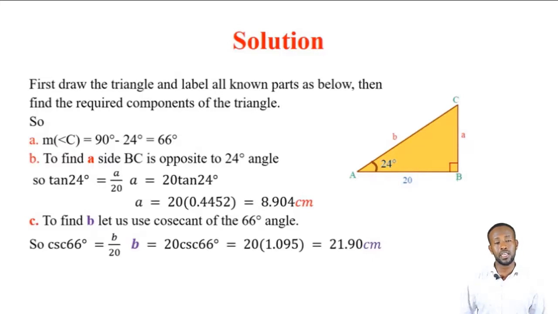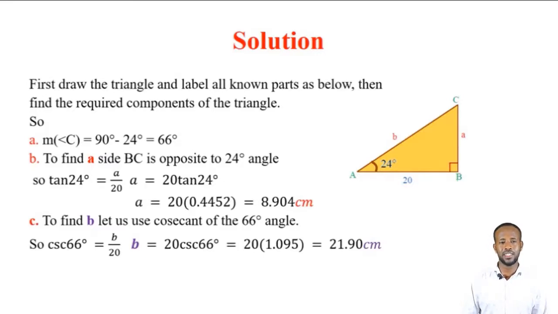So b is equal to 20 times cosecant of 66 degrees. Now what should we say? 20 times 1.095, and this is equal to 21.90 centimeter. Now again, we get the measure of the hypotenuse b.